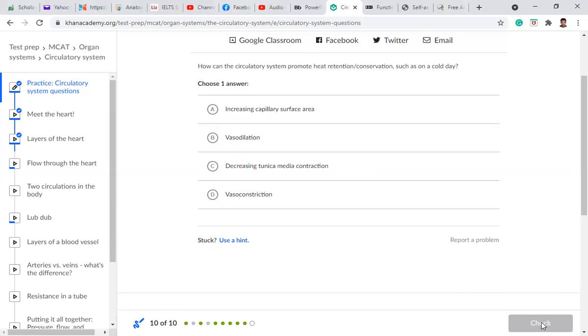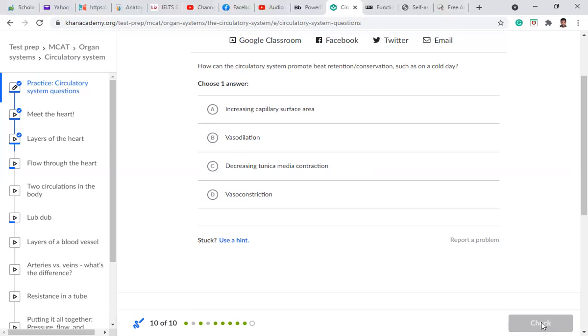How can it conserve heat during cold weather? Can you prevent or promote it? Increasing capillary surface area.